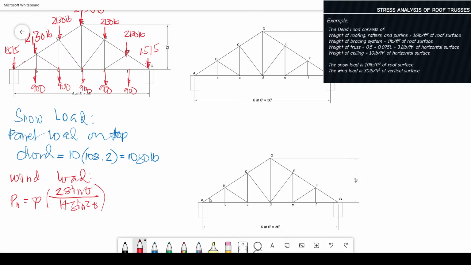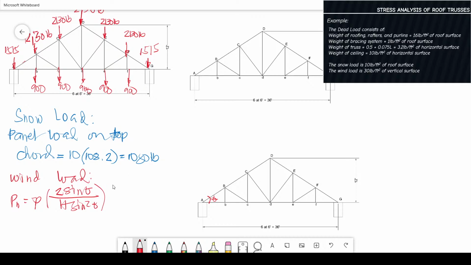Our theta is this one, arctan of 12 over 6 times 3, which is 18. Sin theta is equal to 2 over square root of 13.